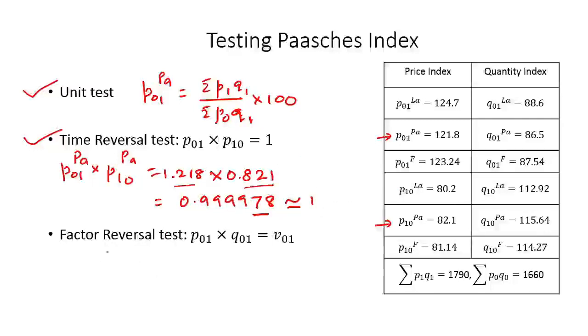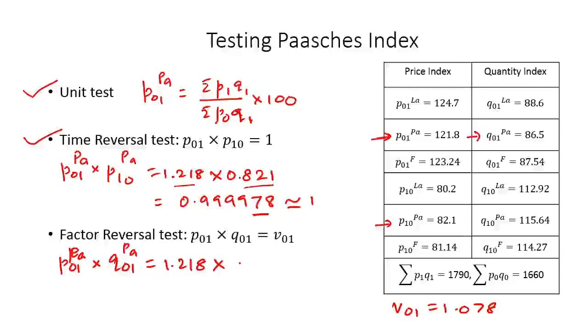Now let us check for the factor reversal test. It says that P01 Paasches into Q01 Paasches should be equal to V01, and V01 we have already calculated in the previous slide. It was 1.078. P01 Paasches is 1.218 into Q01 Paasches, which is 86.5, so 0.865.